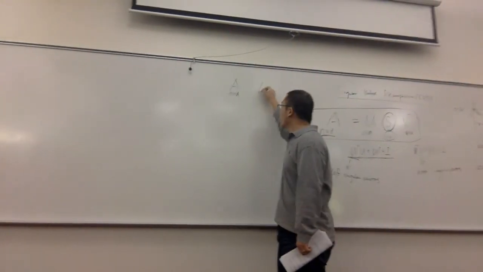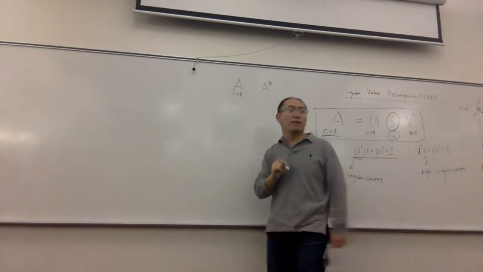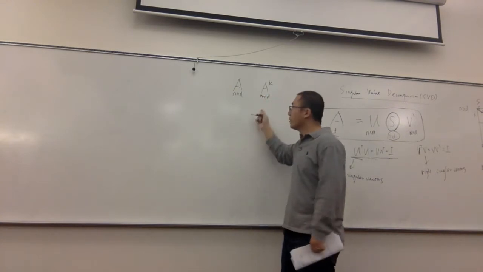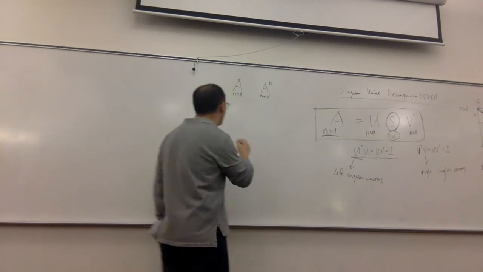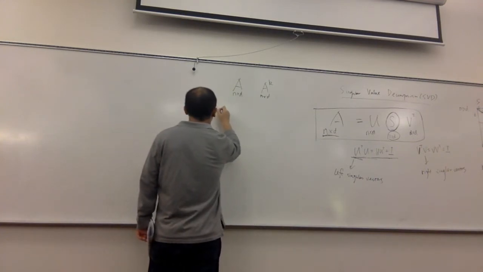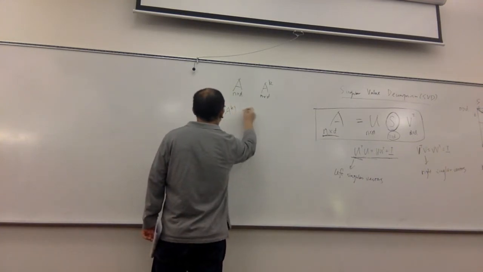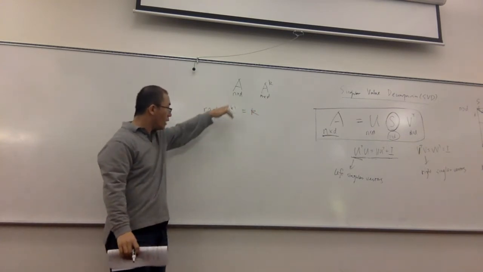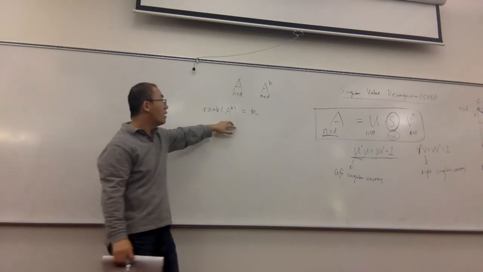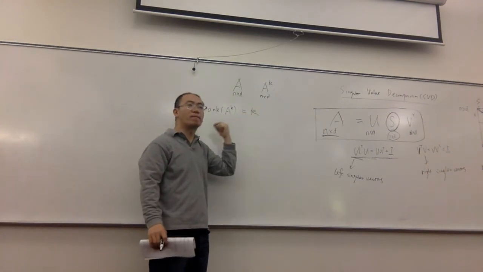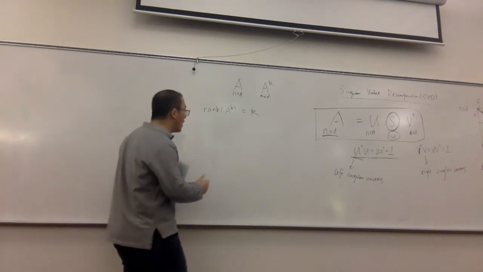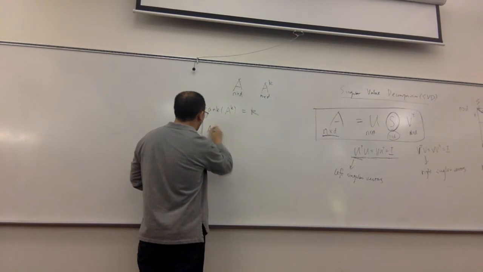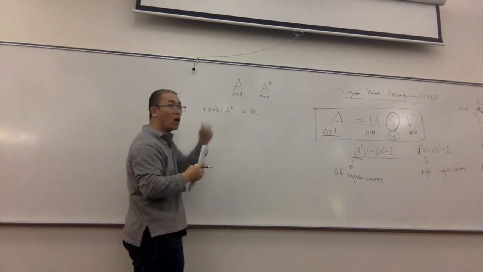We can denote this low rank matrix by A_K. It has the same size, n by d, but we restrict the rank of A_K to be K. Then among all possible n by d matrices with rank only K, we want to find the one which has the smallest norm of the difference between it and the original matrix.